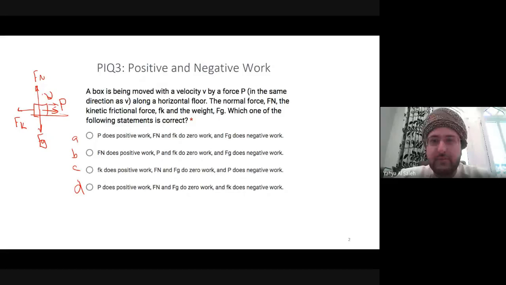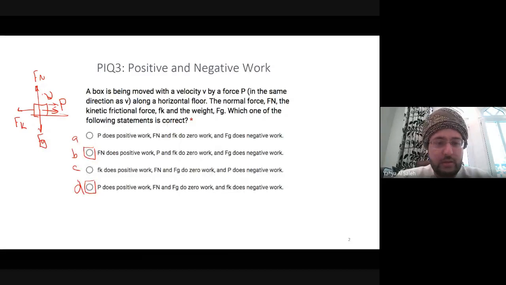D, B, D, D. Okay, so we seem to be between two answers, B and D.